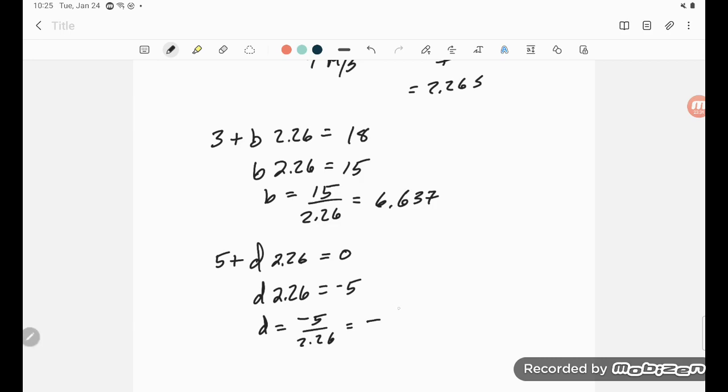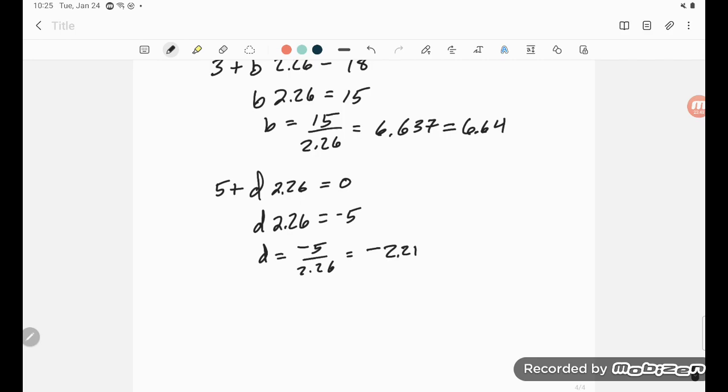Yep, we get -2.21. We'll call this one up here 6.64. We'll just stop it there, and that, to that number of decimal places, is exactly what your textbook got, using a different x and y value, but the same technique.